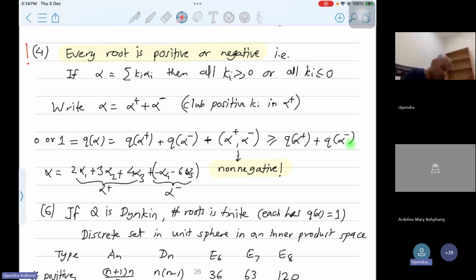But the one that is 0 will have to be a scalar multiple of a sincere vector. But a sincere vector sits everywhere and it cannot. Therefore, that part itself has to be 0. So what we said is that under this assumption, alpha will turn out to be either alpha plus or alpha minus. The other one will just be 0. That's how we got it.